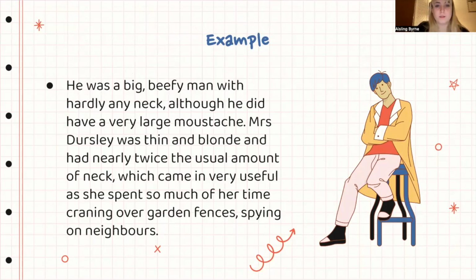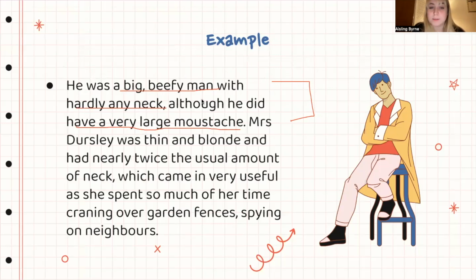With this example, "he was a big, beefy man with hardly any neck, although he did have a very large mustache." So very large mustache, hardly any neck, and big, beefy man. Are there any actions here that could mean it's implied, or is this direct? I would say it's direct information because all we're really getting is a physical description of this person.